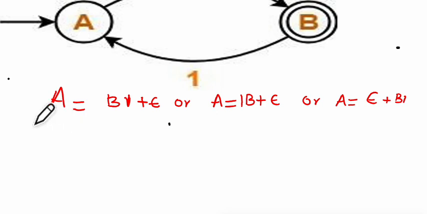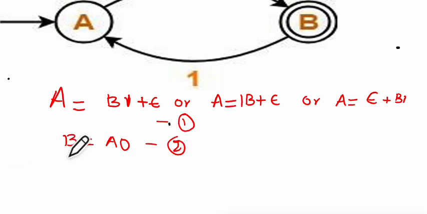Now the incoming path for B we also write: B equal to the incoming path towards B from state A on input 0. We number these: A's equation as equation 1 and B's equation as equation 2.